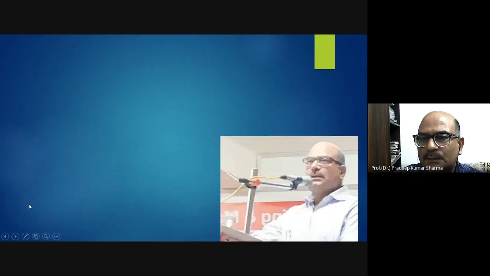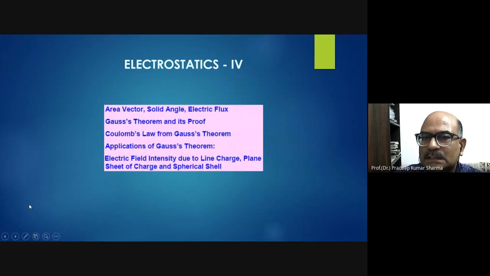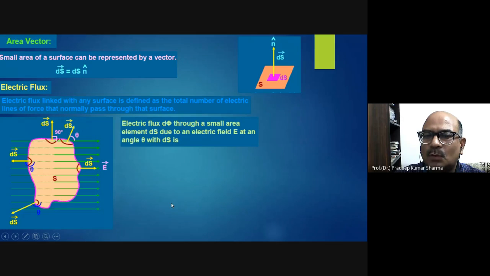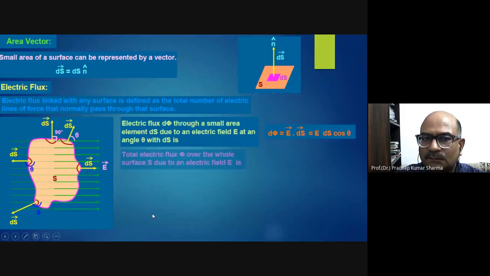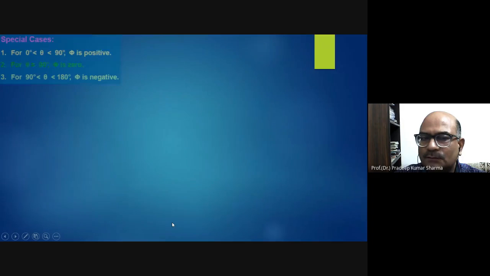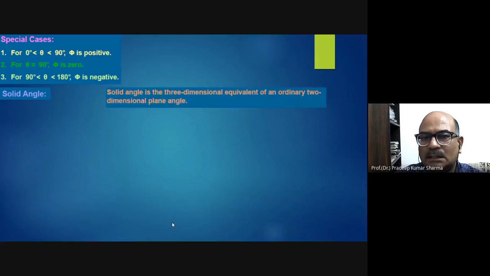Last time we discussed area vector, solid angle, electric flux, Gauss theorem and its proof, and Coulomb's law from Gauss theorem. We had a detailed discussion about angles and the surface, the area vector, the direction of the surface, what the flux is, what the unit of the flux is, and at what angle the flux can be minimum and maximum.